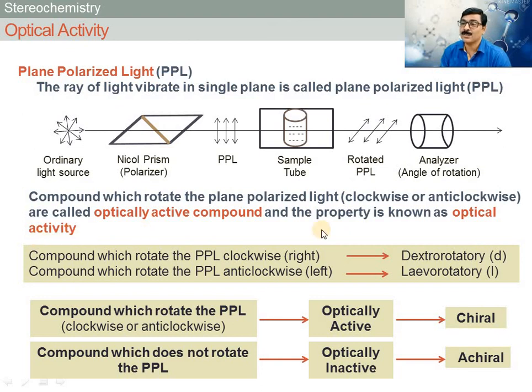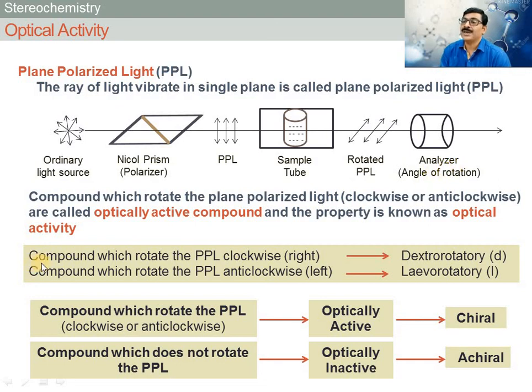So what is called optical activity or an optically active compound? The compound which rotates plane polarized light clockwise or anti-clockwise, that is right or left, is called an optically active compound, and the property is known as optical activity. And how much angle of rotation takes place, clockwise or anti-clockwise, is measured by using the analyzer.